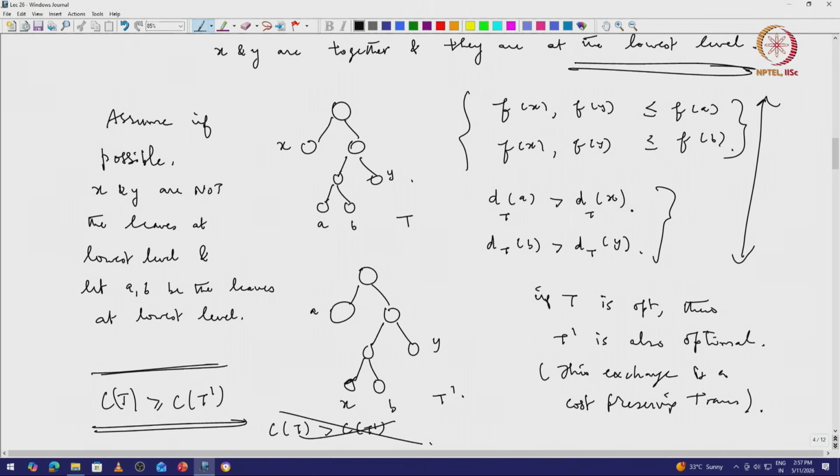Something smaller than that is not possible, that is the minimum. So, you are ruling out the possibility of greater than. Therefore, this implies C of T equal to C of T dash. That means T dash is also optimal. So, from T I have changed something, I got T dash, but that is also optimal. This is the first thing that we will prove. This exchange is cost preserving operation.